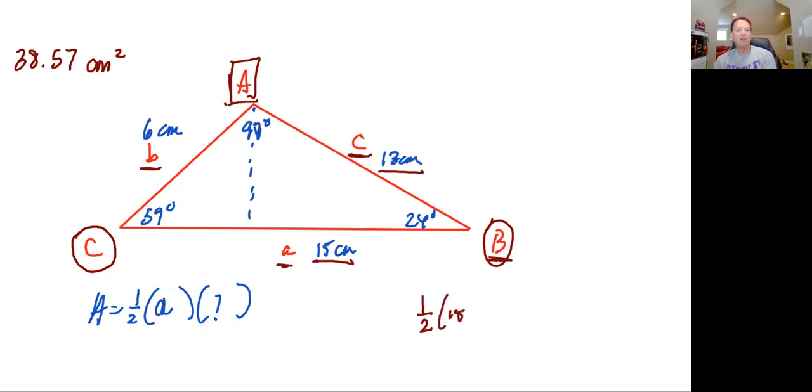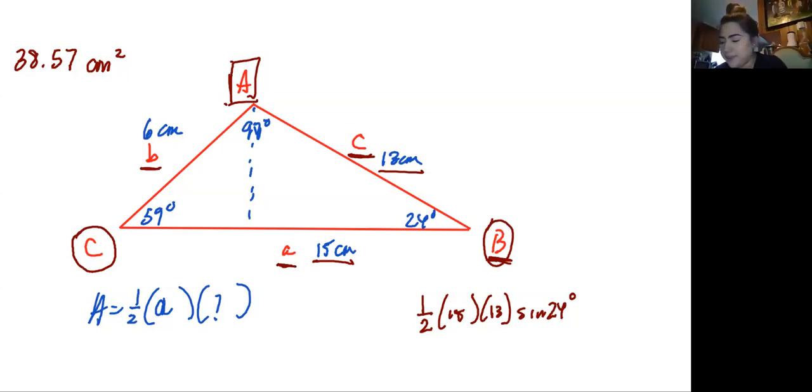So 1/2, 15, 13, sine of 24, the sides A and C and the sine of B. Again, make sure you're in degree mode. Did you get 38.57? Yeah. Yeah, cool.